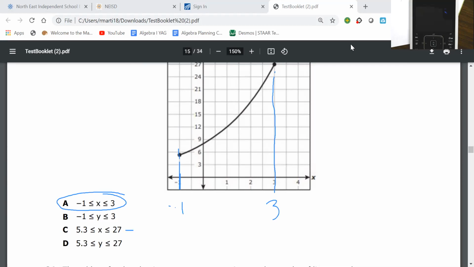Notice that this one here also says X, but it goes from 5.3 to 27. Those are Y values, okay? So those numbers are numbers to the endpoint, but that's range. So just remember, domain goes with X, range goes with Y.